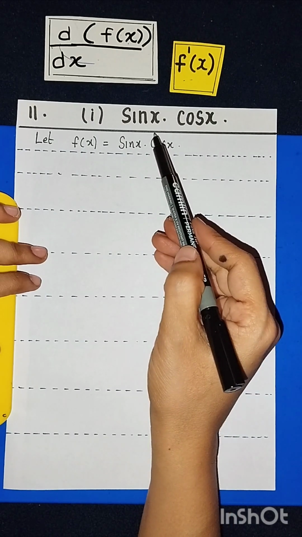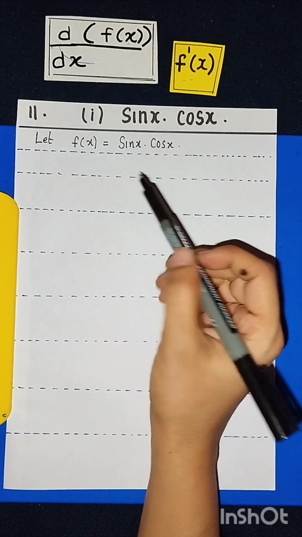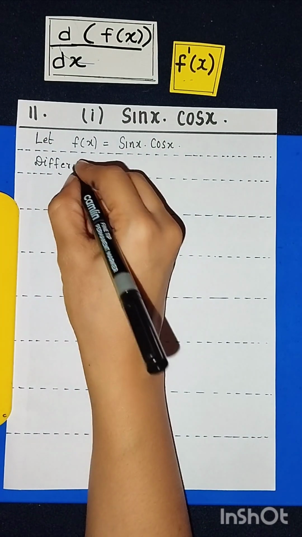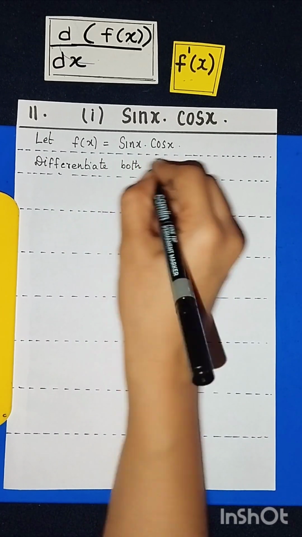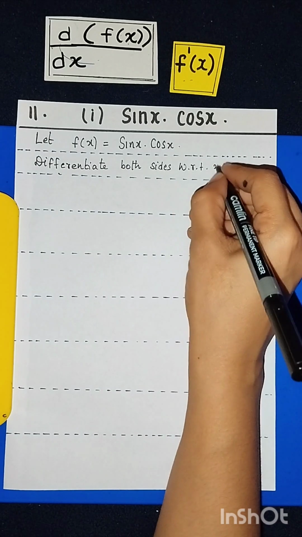Now we have to find the derivative of this. To find the derivative, we have to differentiate both sides with respect to x.